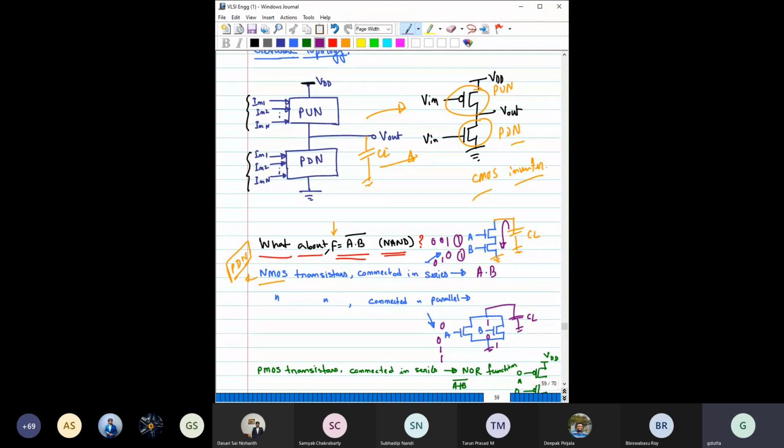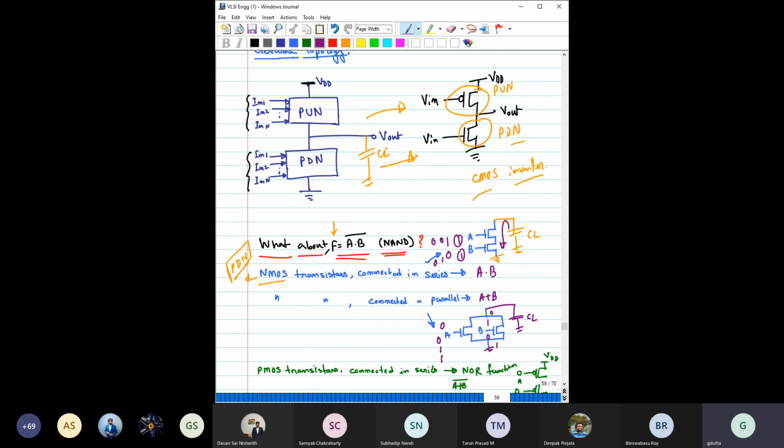If you apply 0 0, then it cannot discharge, because now both the transistors are off. At least one of the transistors has to be on. So definitely this is an OR operation if you connect these two NMOS in parallel.